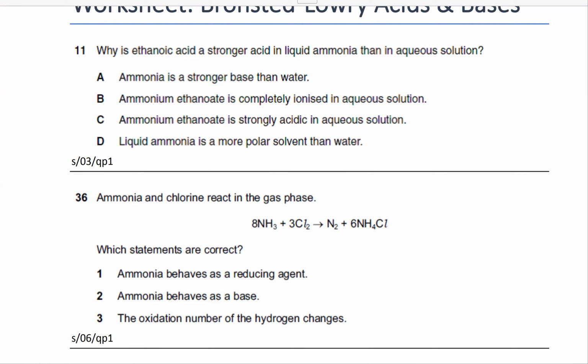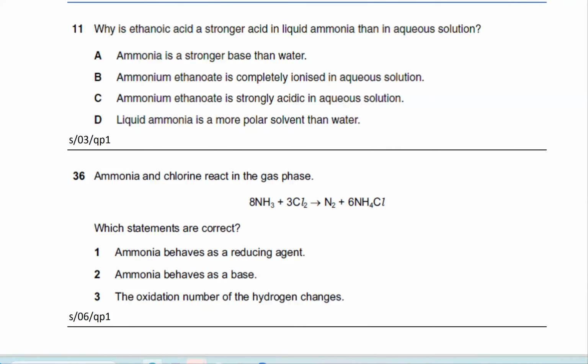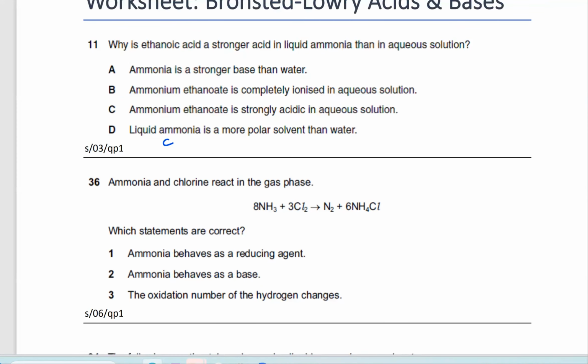Now ethanoic acid produces H+ ions, so it's going to lose this H+ ion.